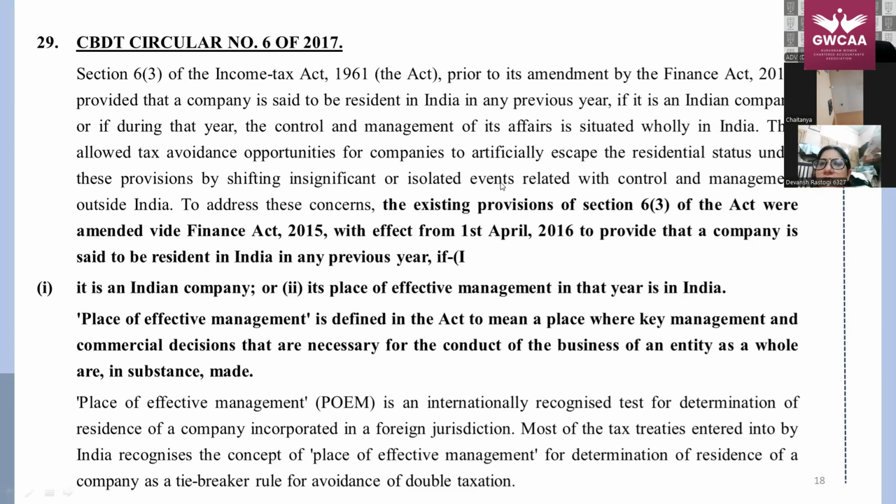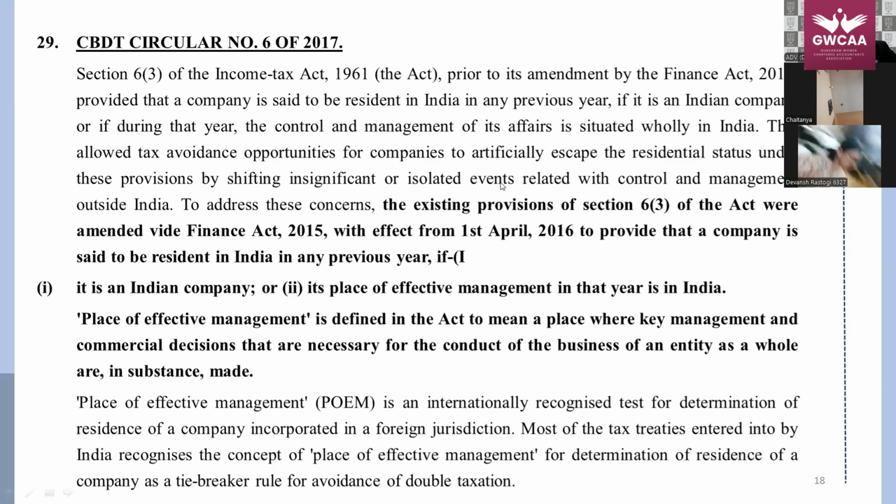पहले क्या था? पहले सिर्फ ऐसा वर्ड था control and management. So उसमें बाहर मीटिंग होती थी, बड़े बड़े decisions लिए जाते थे, and then they come back and they do not offer their income in companies. Now they have brought POEM, meaning management and commercial decisions that are necessary for the conduct of the business.